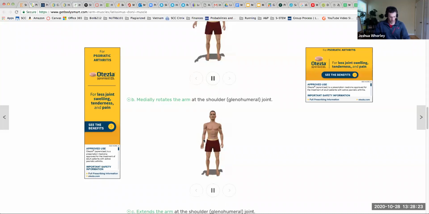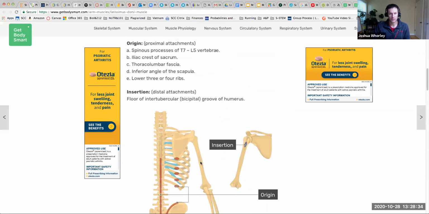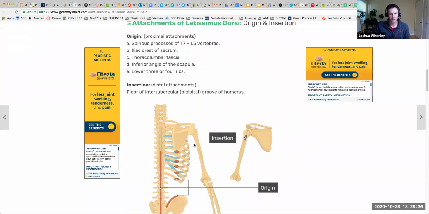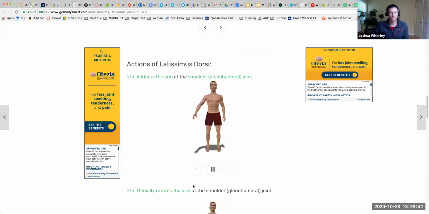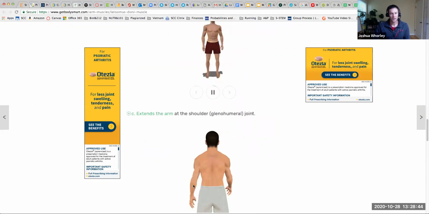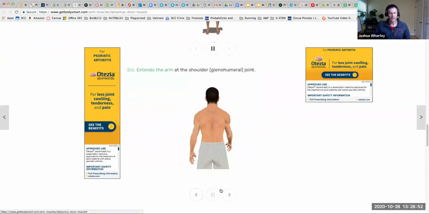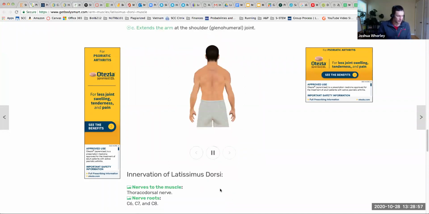Any contraction that shortens it is going to pull the front of the humerus in along the angle that it's wrapping, from here up to here. So you shorten that, you're going to be yanking on the front of the humerus and medially rotating it, and then extending the arm at the shoulder. In addition to that medial rotation, you also get it pulling the arm back. So extension of the arm is that backward motion of the arm. Okay, so that's the latissimus dorsi.